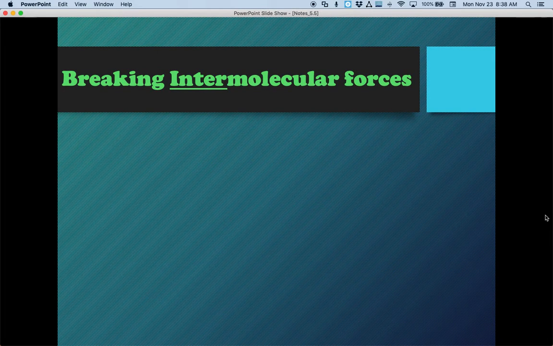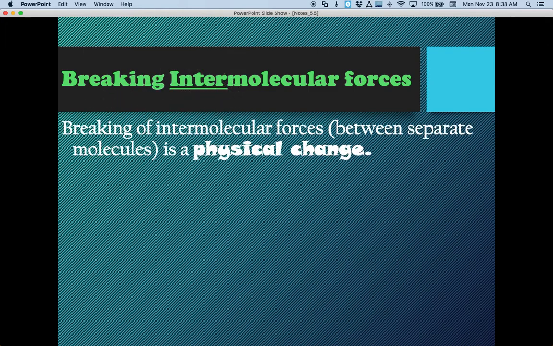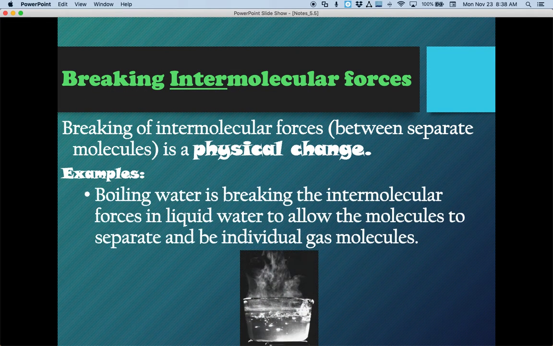When we're talking about breaking intermolecular forces, these are physical changes. So we think of like boiling or melting or breaking something in half or something being sticky, dissolving. That's kind of what we're talking about, because we don't need to break atoms apart, right?